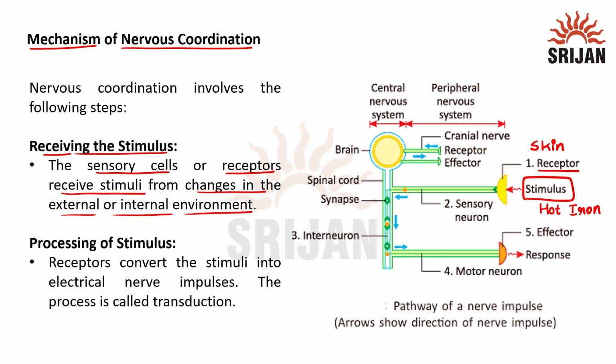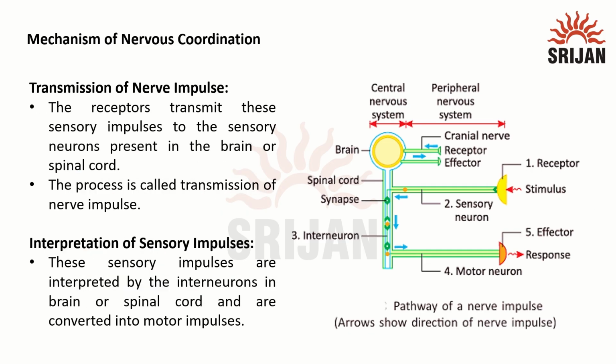Now the second step is processing of the stimulus. The receptors convert the stimulus into electrical nerve impulses, and the process is known as transduction. Now this signal, after getting converted, will be passed on to the sensory neuron. So the next step is the transmission of this nerve impulse.